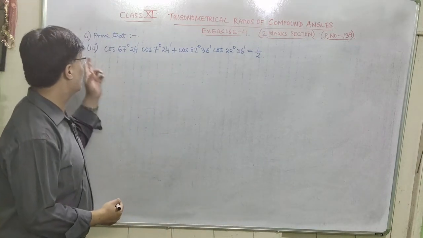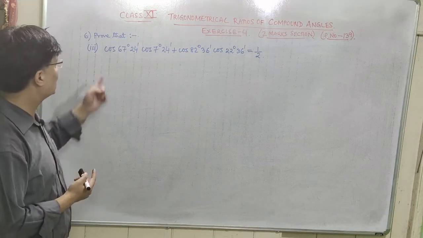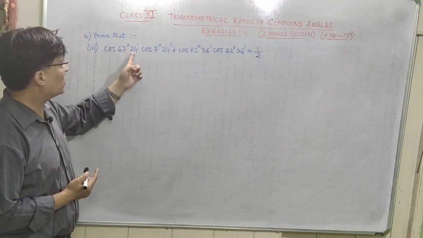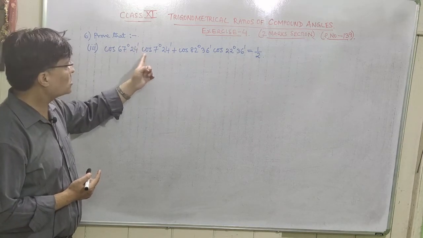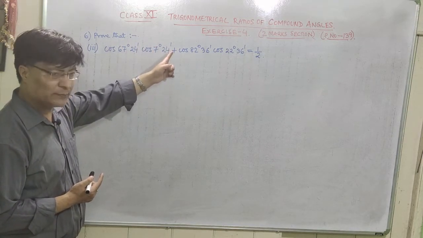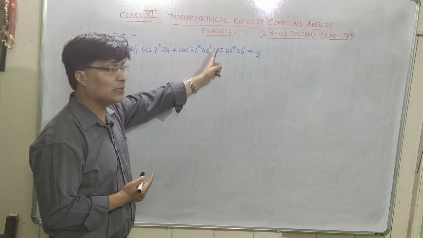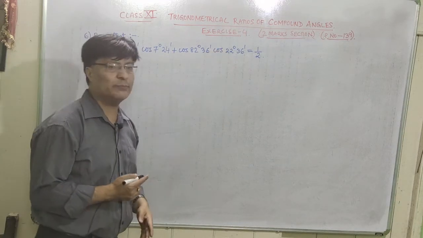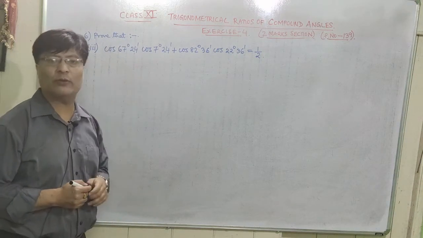So now we'll do the next question, that is number 6.3. Prove that cos 67 degree 24 minutes cos 7 degree 24 minutes plus cos 82 degree 36 minutes cos 22 degree 36 minutes is equal to half. You have to prove this left hand side is equal to half.